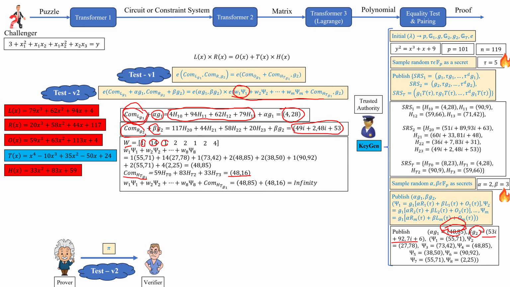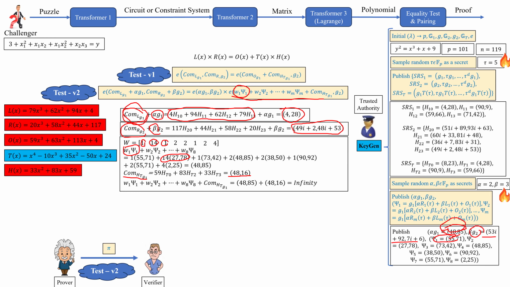So W1 psi1 equals 1 multiplied by 5571, right? So this is the value of psi1. W2 equals 14 multiplied by 27 and 78, which is psi2.